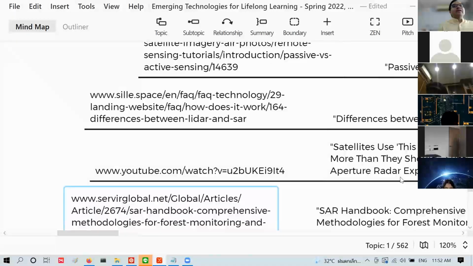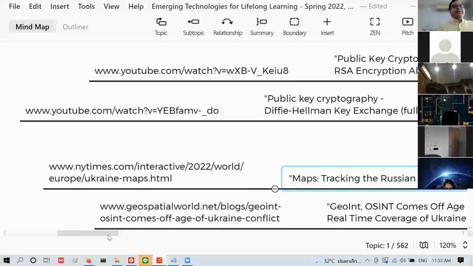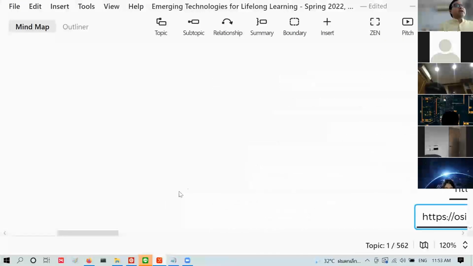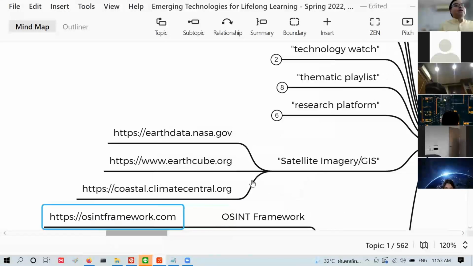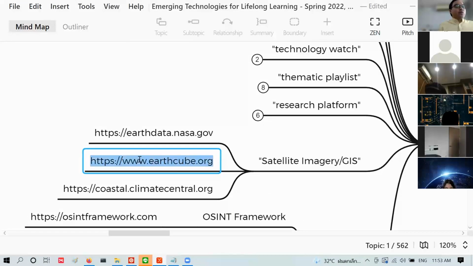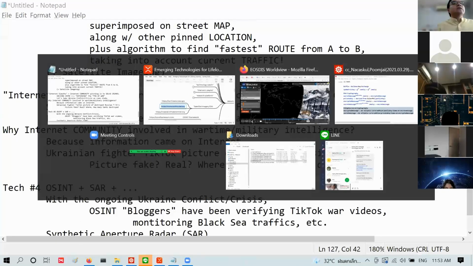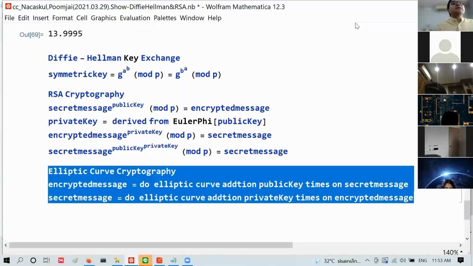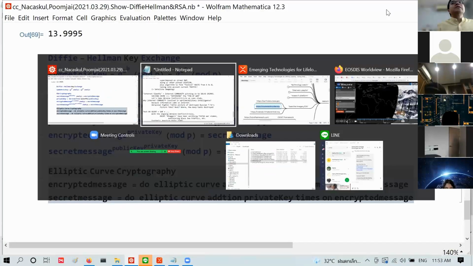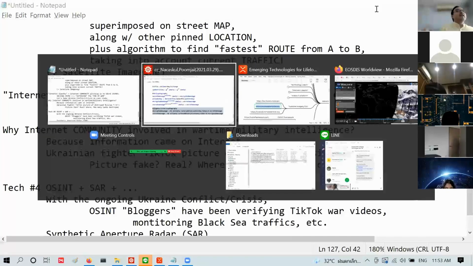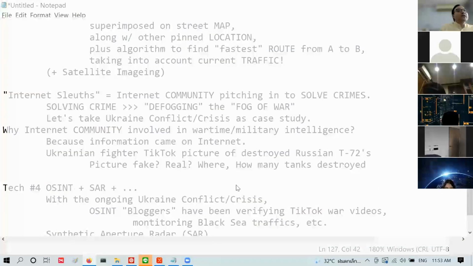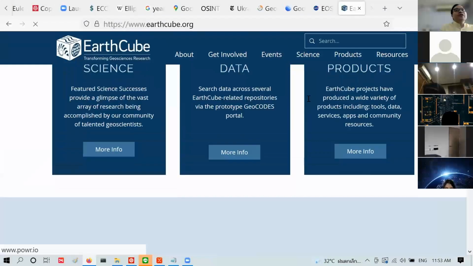Oh, it's in the resource, isn't it? Sorry, my bad. Okay, Earth cubes, all these Earth cubes. This is all the visualization.